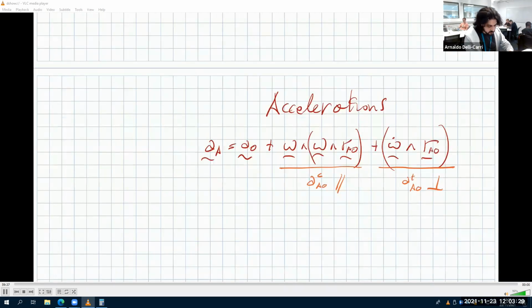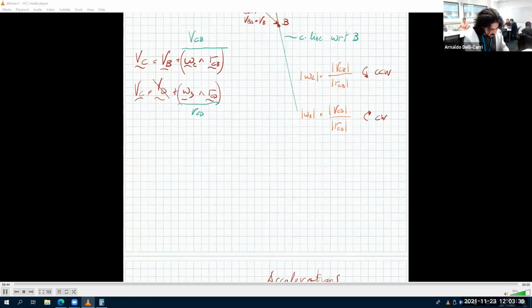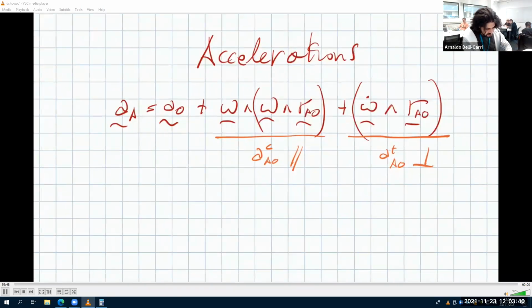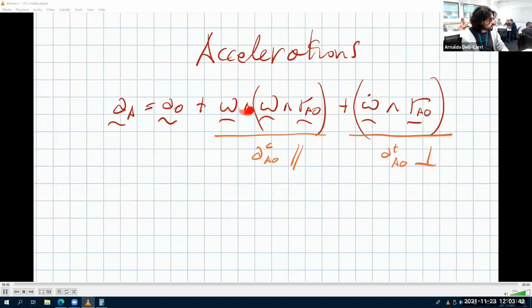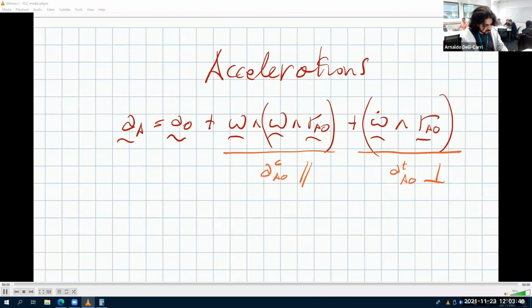A and D are also fixed points because their acceleration is 0. All the omegas we found earlier are given, so this one is always known. What is unknown is this one.